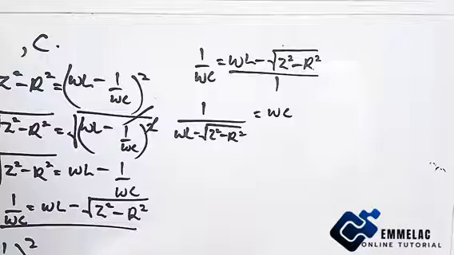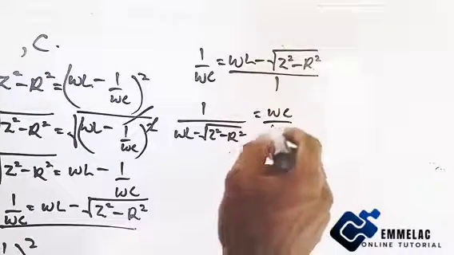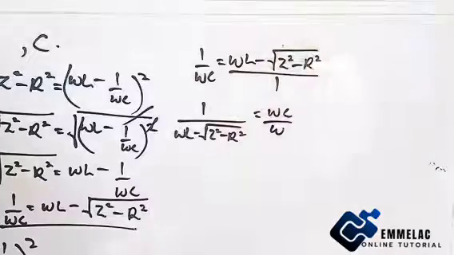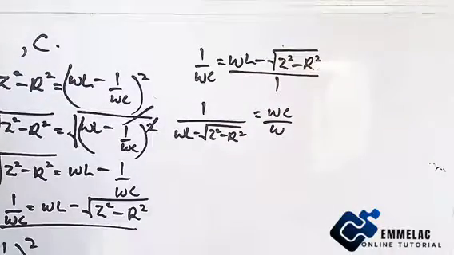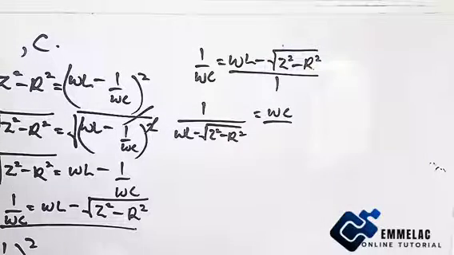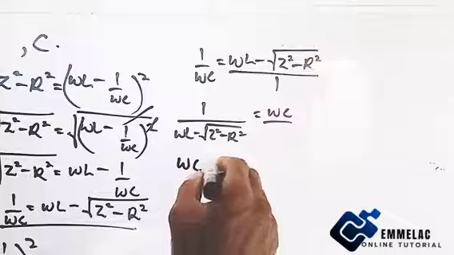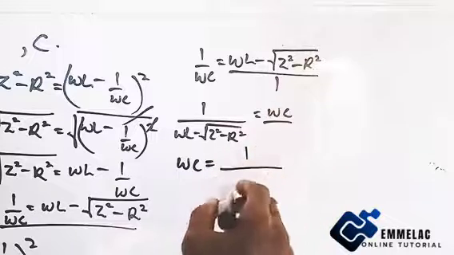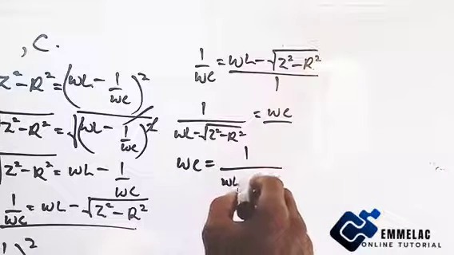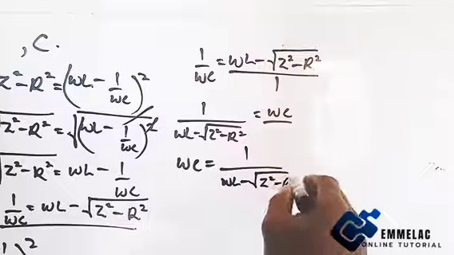Now what are we going to do here? Now divide both sides by W. Just here for clarity's sake, WC equals 1 over WL minus the square root of Z squared minus R squared.